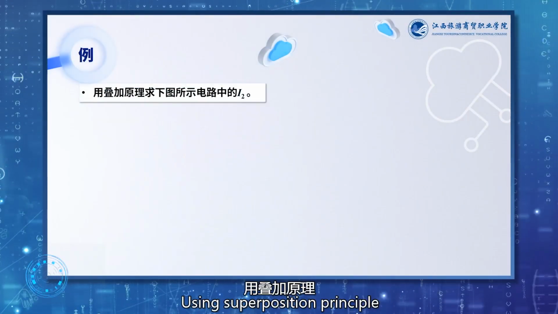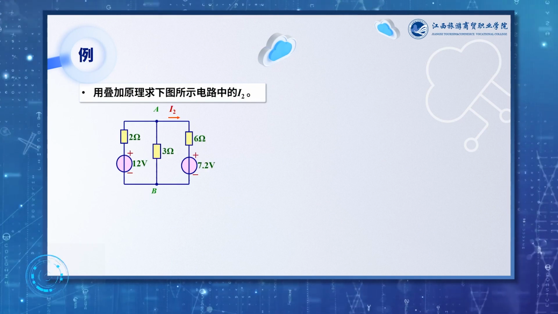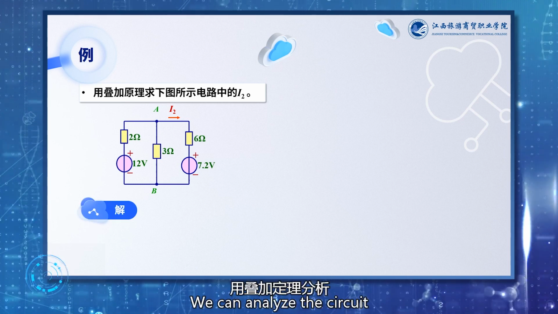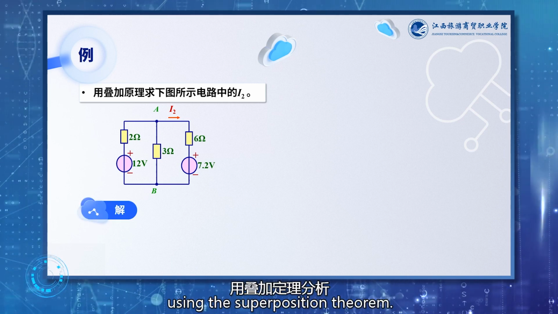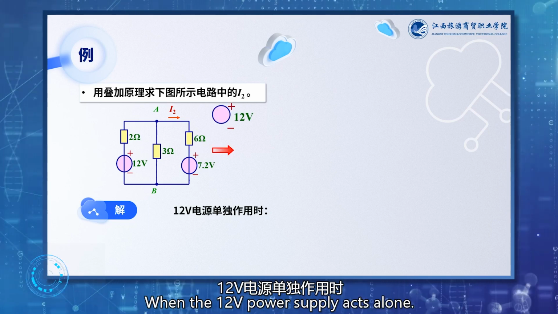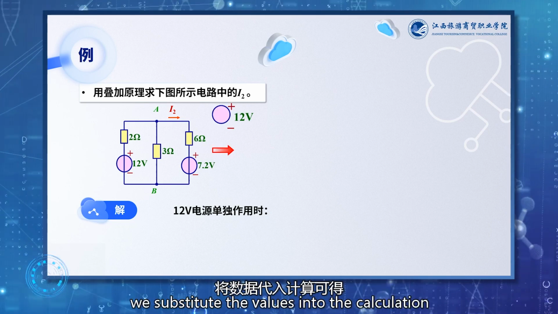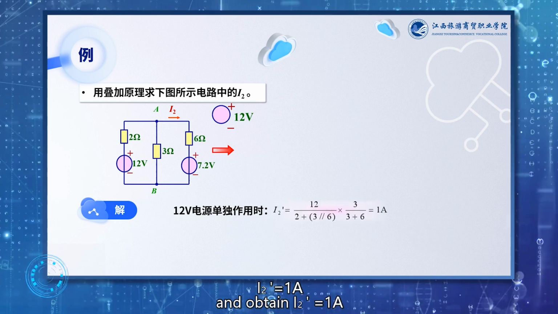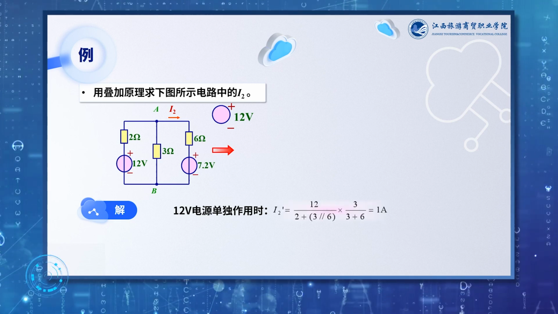For example, using the superposition principle, find I2 in the circuit shown in the figure below. We can analyze the circuit using the superposition theorem. When the 12V power supply acts alone, we substitute the values into the calculation and obtain I2' equals 1A.